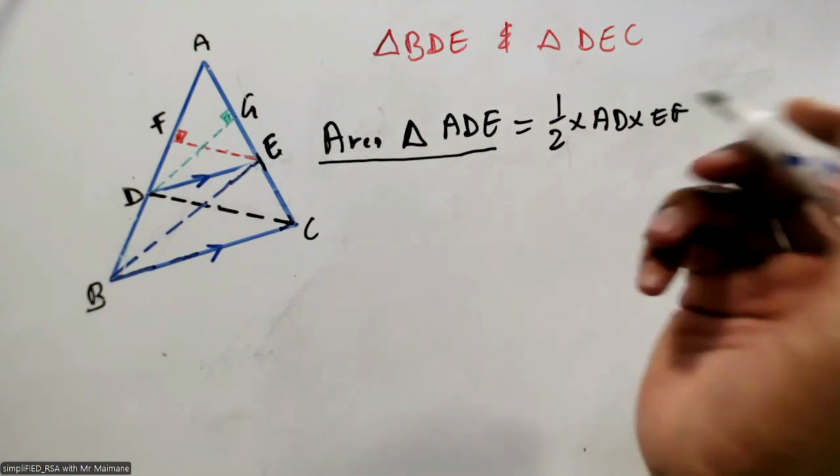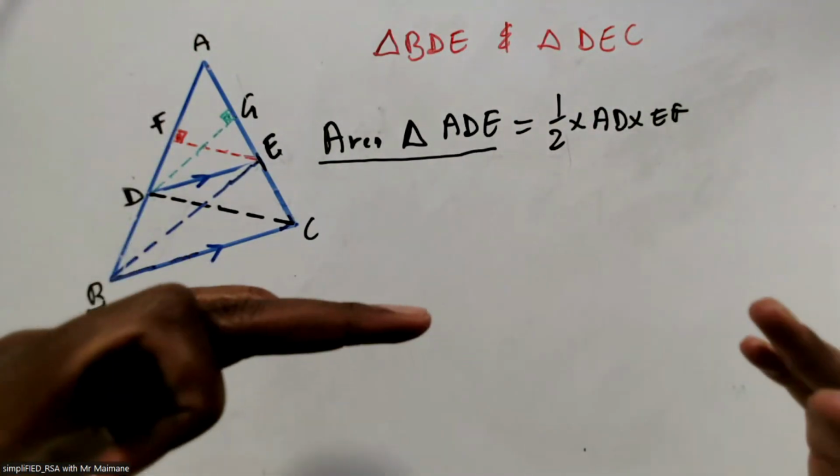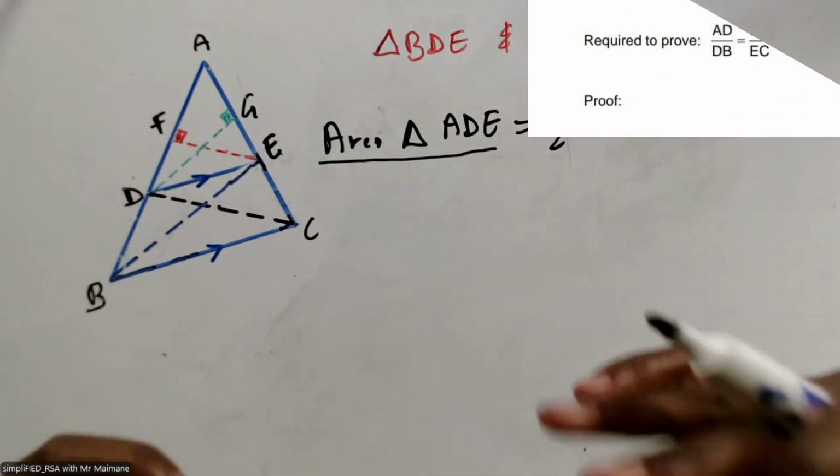All over, because I want to create the proportionality of what I want to prove, using the right sequence of the areas.